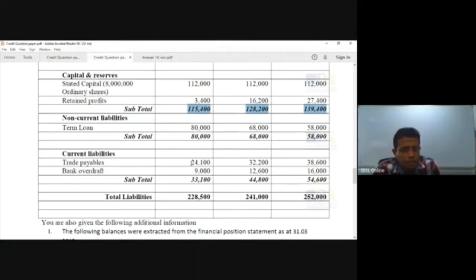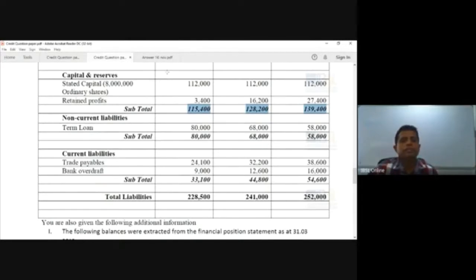When you are taking a debt, it should be from a financial institute. Therefore, for short-term debts, we normally take only the bank overdraft and short-term loans.